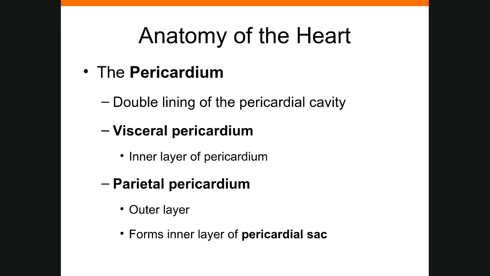And we have two layers of serous membrane: the visceral pericardium, which is the inner layer, and the parietal pericardium, which is the outer layer that forms the inner layer of the pericardial sac.